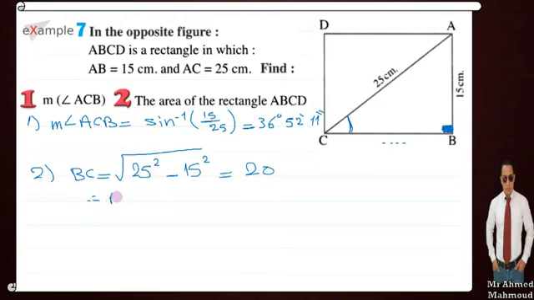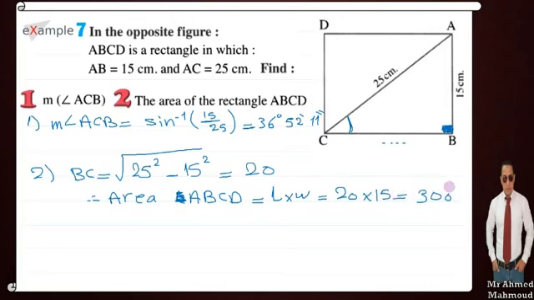Therefore, the area of rectangle ABCD equals length times width, which equals 20 times 15 equals 300.